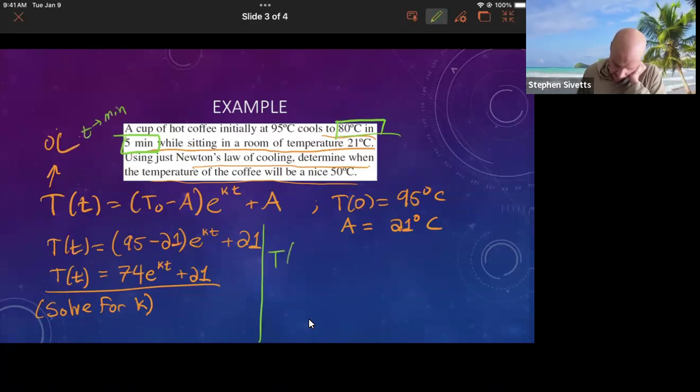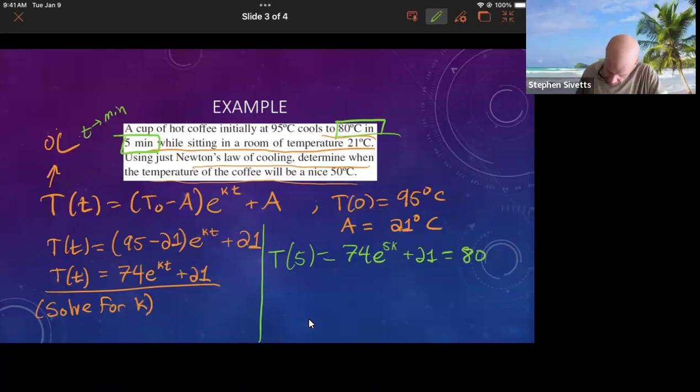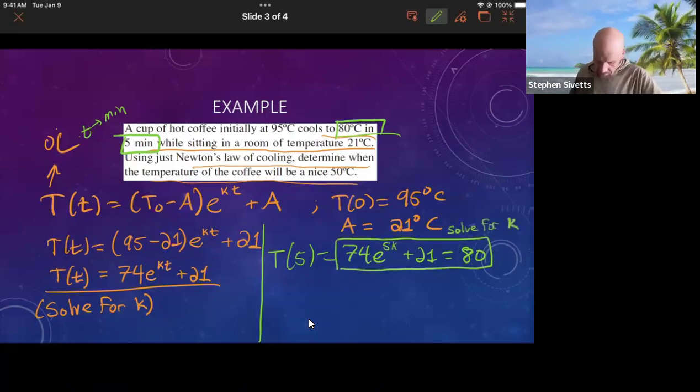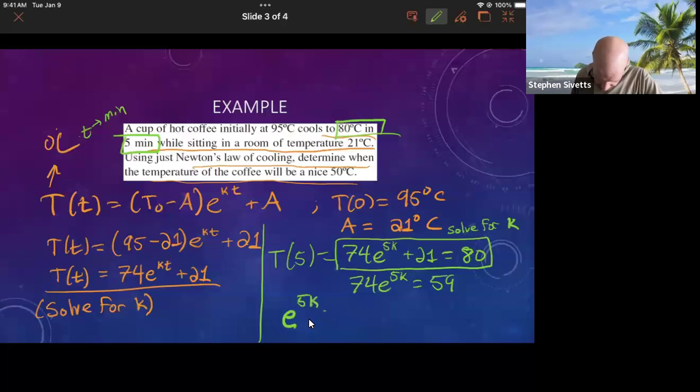When t is 5 minutes, we have 74 times e to the 5k plus 21 equals 80 degrees Celsius. From here, we solve for k. If we subtract 21 from both sides, we have 74 times e to the 5k equals 59. And if we divide both sides by 74, we have e to the 5k equals 59 over 74.